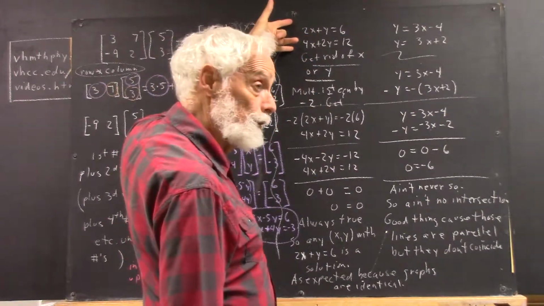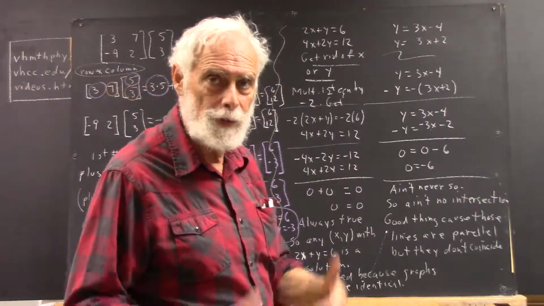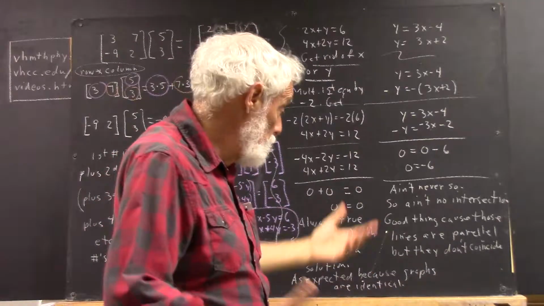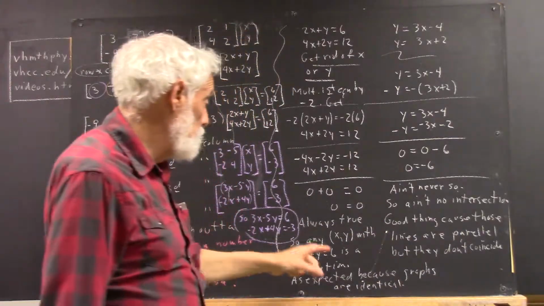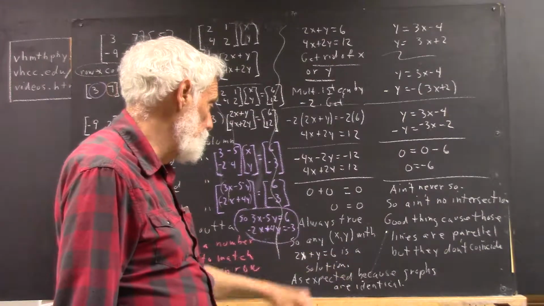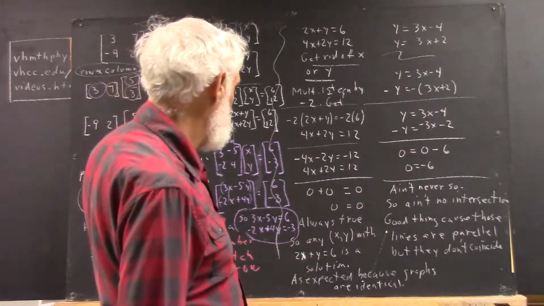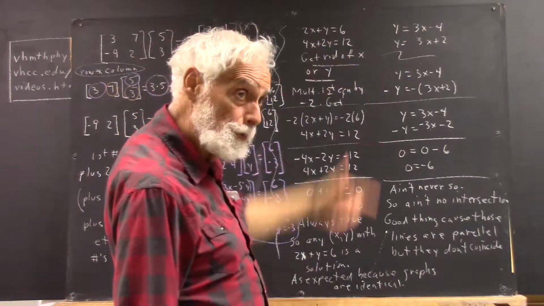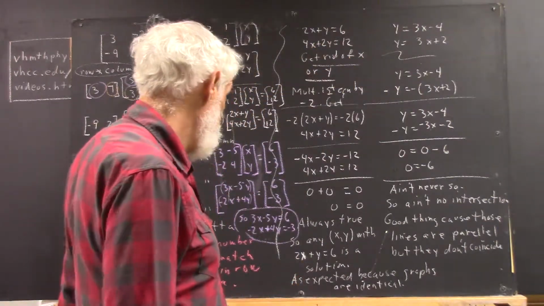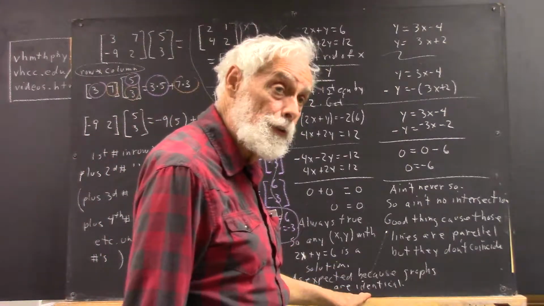So our solutions consist of all x and y values that satisfy either equation. It's always true. So I say any (x, y) with 2x plus y equals 6 is a solution. And I could say the same thing, any (x, y) such that 4x plus 2y equals 12 is a solution. And this is as expected because the graphs are identical.